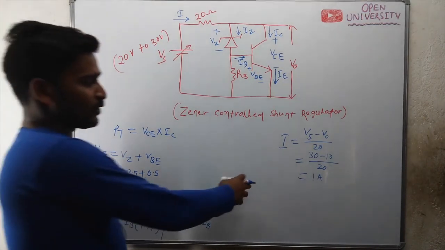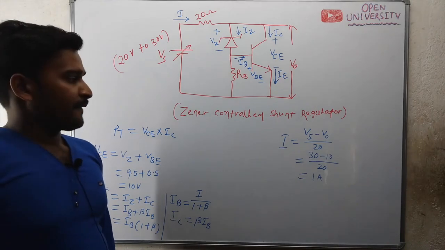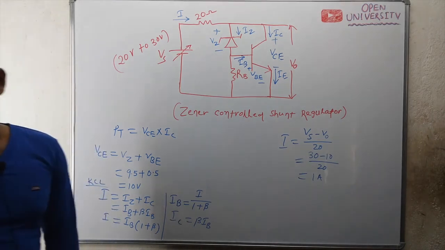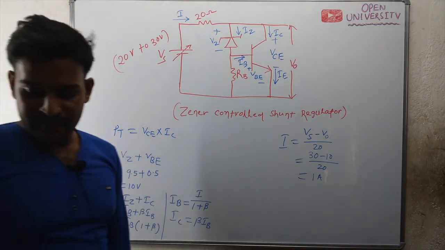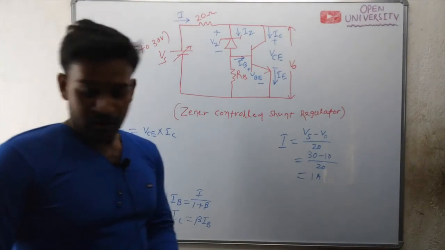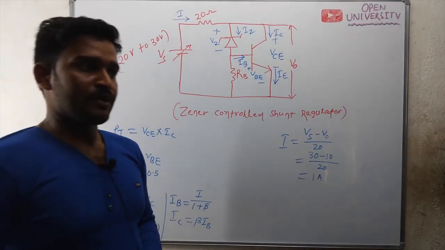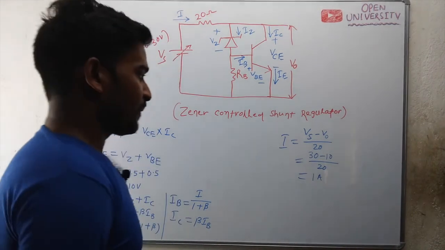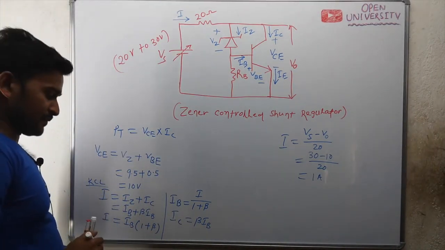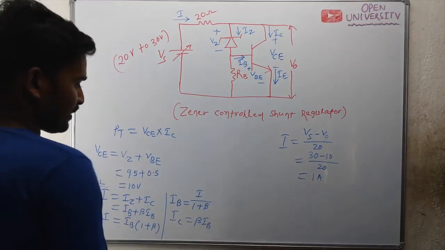Write down one point here. Power dissipation in the transistor and Zener diode will be maximum when the supply voltage is maximum, that is Vs equal to 30 volt in this case. So I get I to be 1 ampere.